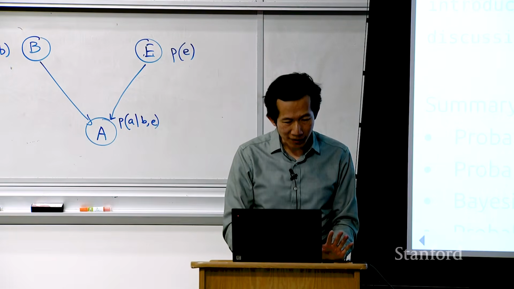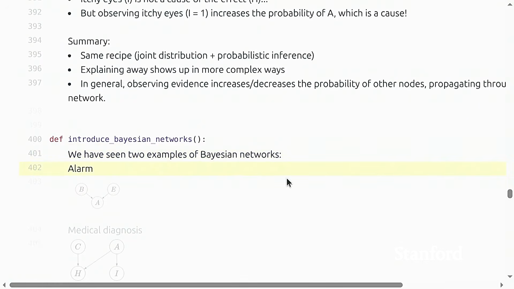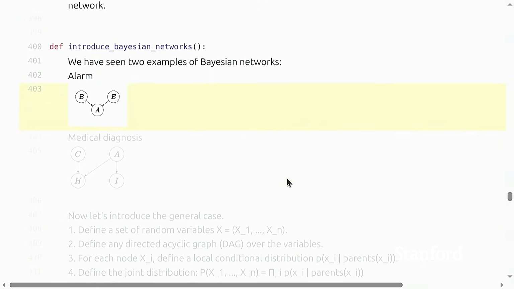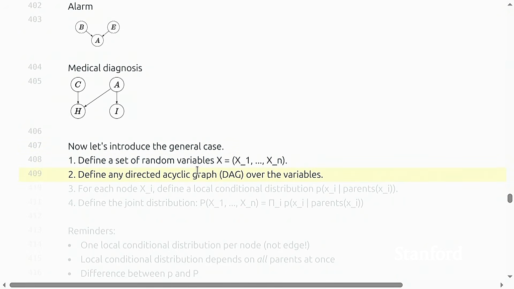Okay, so finally, we've seen two examples of Bayesian networks, alarm and medical diagnosis. Let me introduce the general case here. In the general case, the same four-step procedure: you define a set of random variables, often denoted X1 through Xn. I define any directed acyclic graph over the variables.